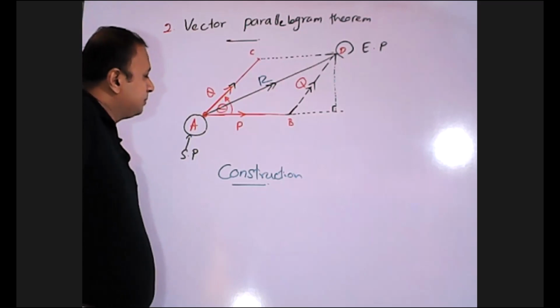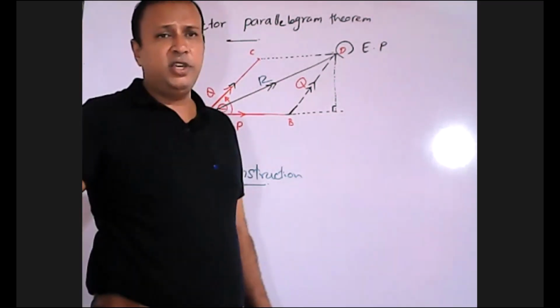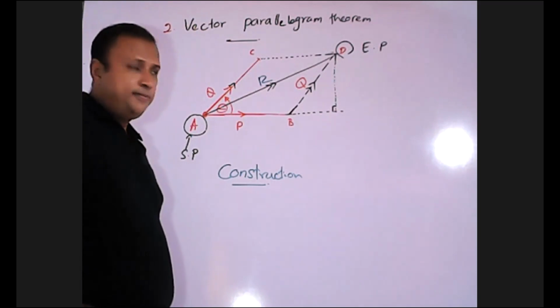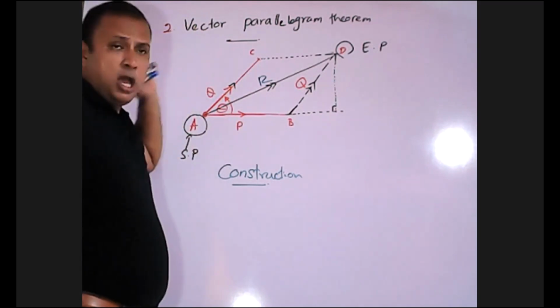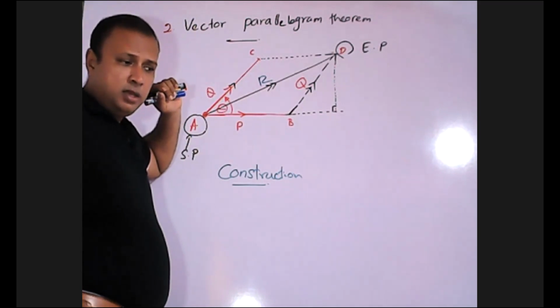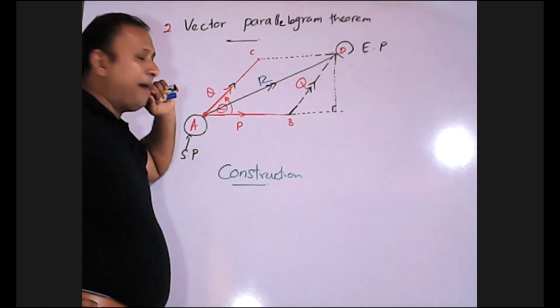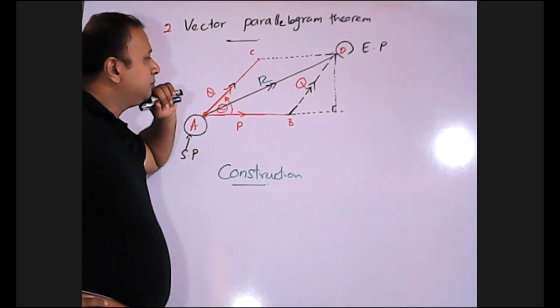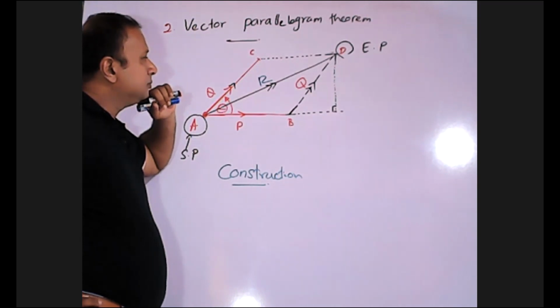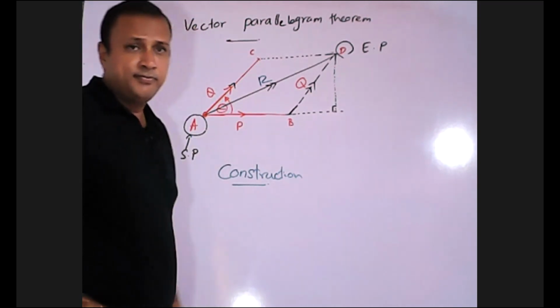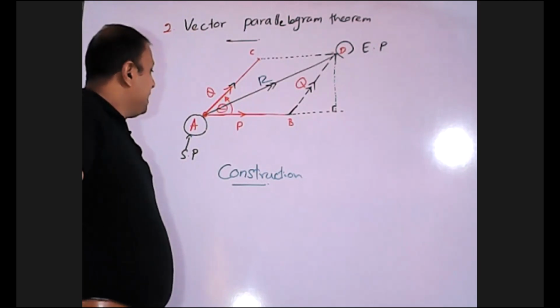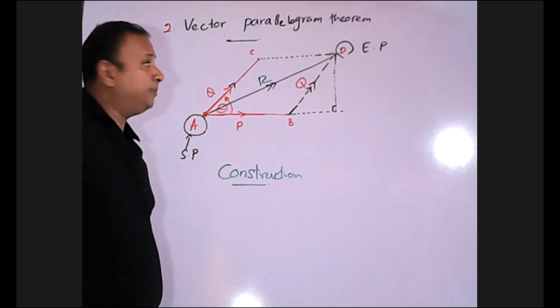Can you repeat that, sir? Considering AB and AC are two adjacent sides of a parallelogram, construct ABDC parallelogram.